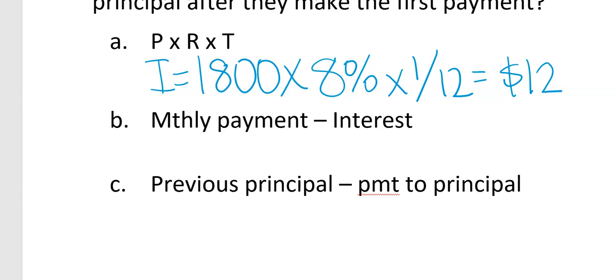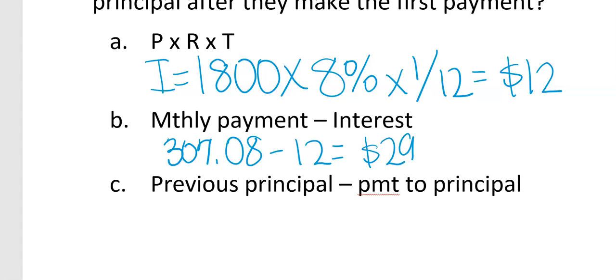So you're taking $307.08, the monthly payment, subtracting out that $12, which gives $295.08.